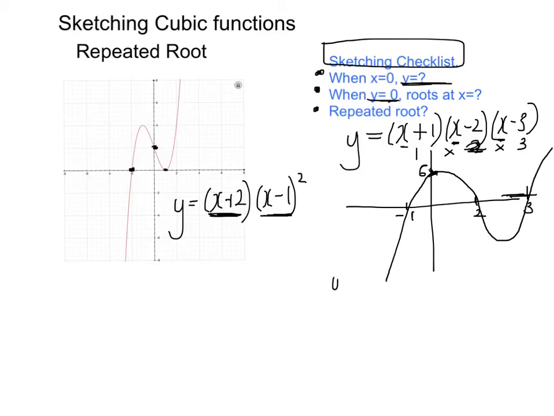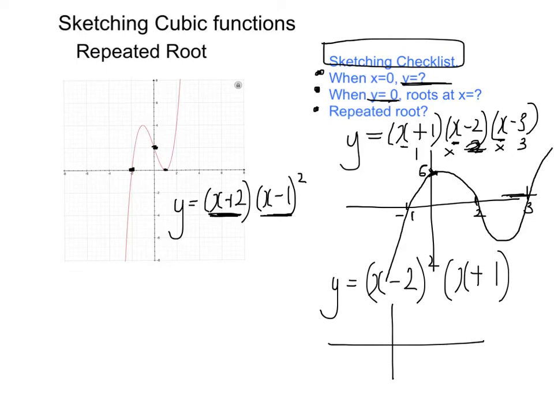How about y equals x minus 2 all squared, times x plus 1. Okay, let's find out first of all when x is 0 where it crosses the y-axis. So when x is 0, this bracket is worth minus 2, but that's minus 2 squared, so that would be 4, times by 1 when x is 0 here, so y would be 4, so I'm going to put that on.